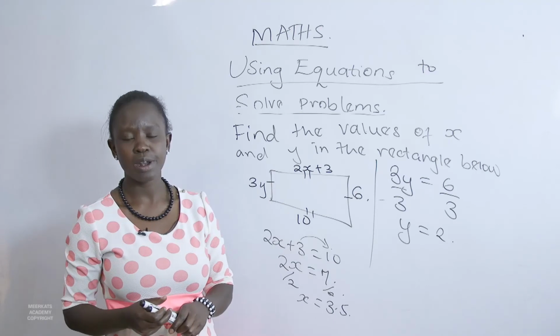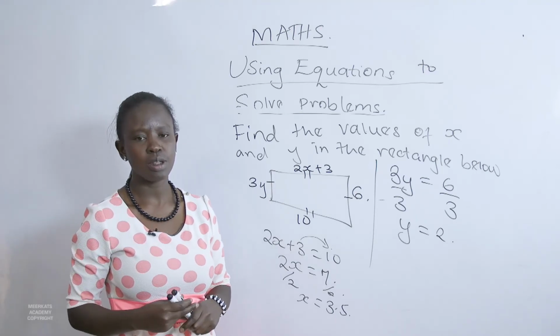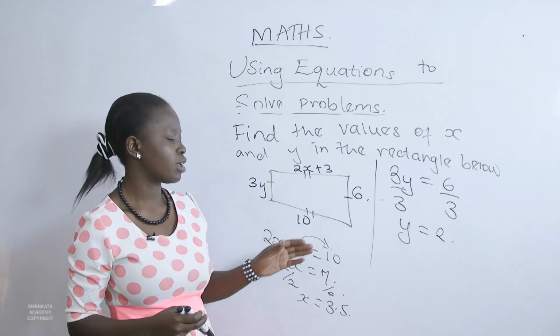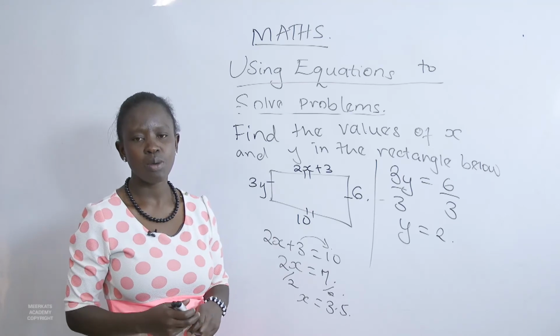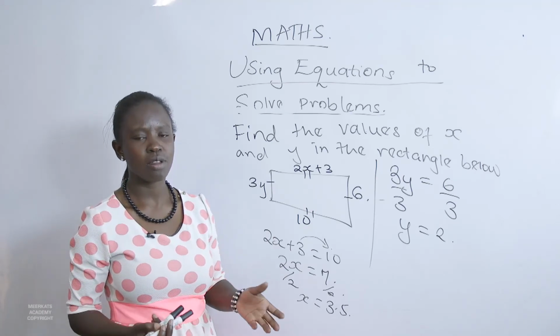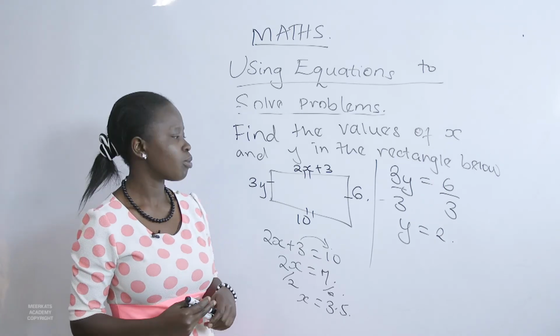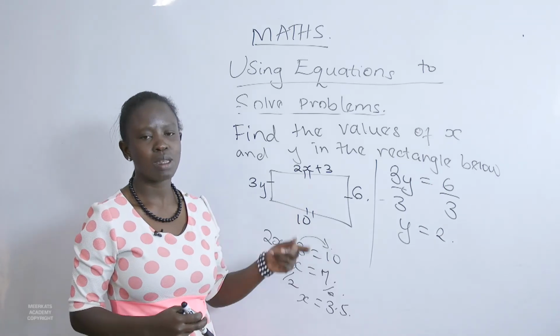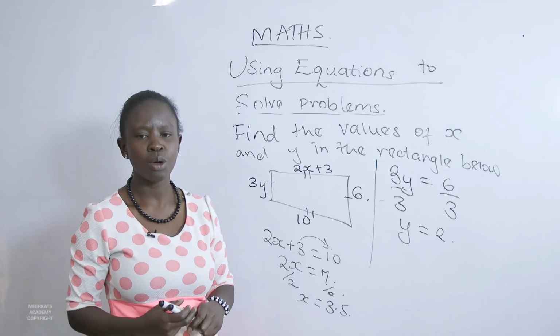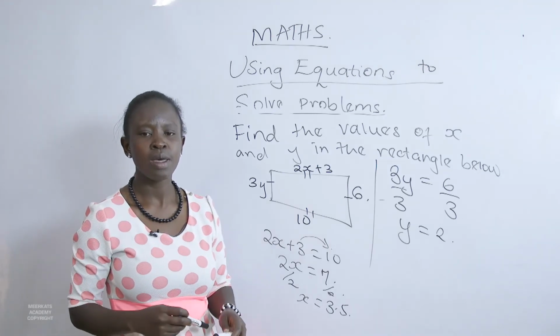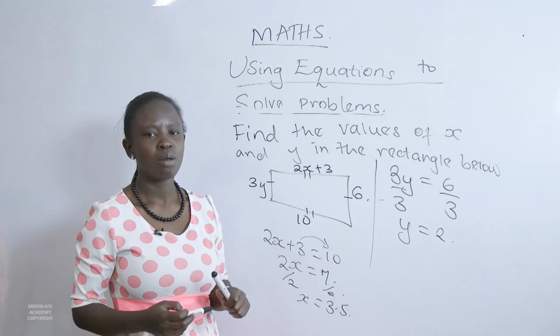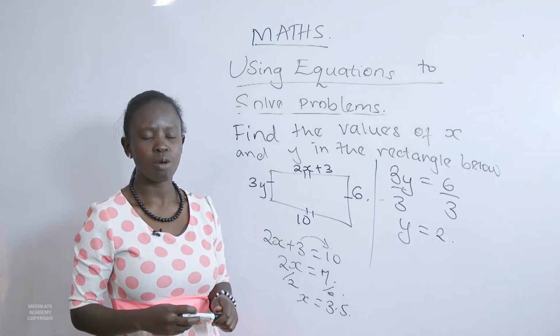In case of diagrams that have been drawn and you need to form equations from that diagram, first identify which type of diagram it is. Is it a square? Is it a rectangle? Is it a triangle? Then from that, find the properties that can help you solve the given pronumerals on the diagram correctly.